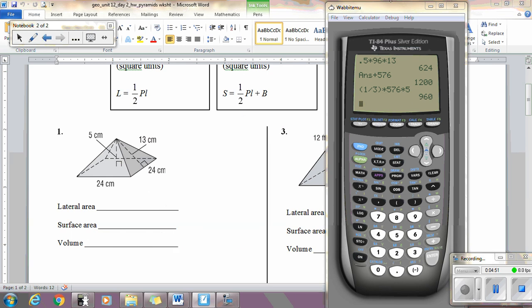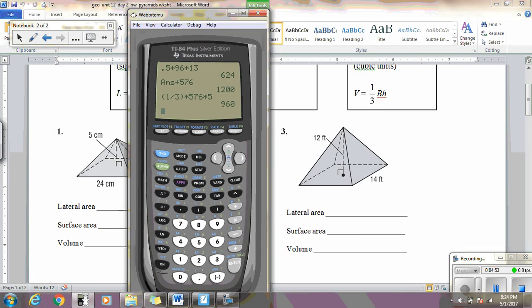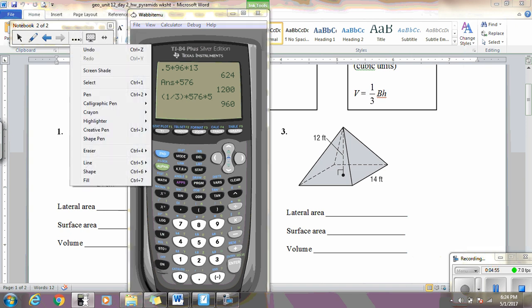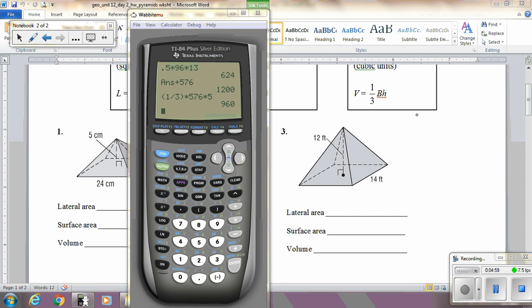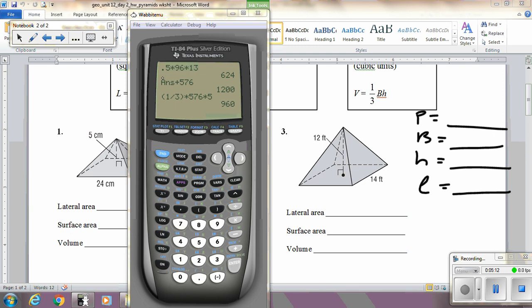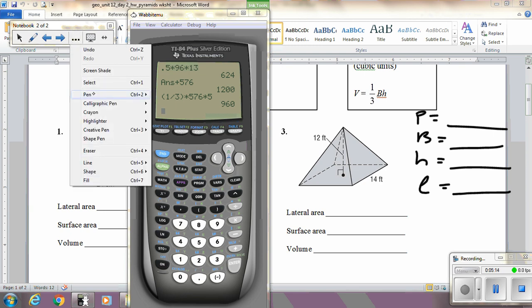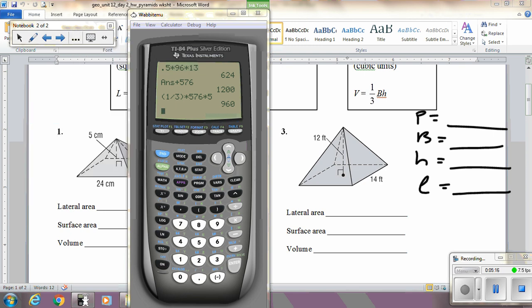All right, on to number 3. Again, the same thing. I need my P, my B, my H, and my slant height. Again, we have a square base. So the perimeter is found by taking 4 times 14 for this situation.